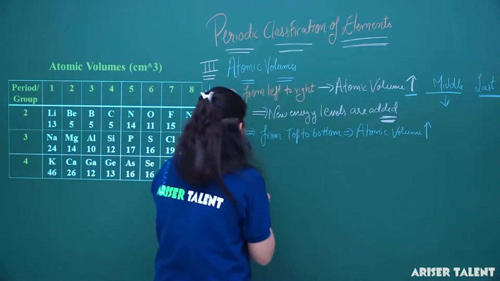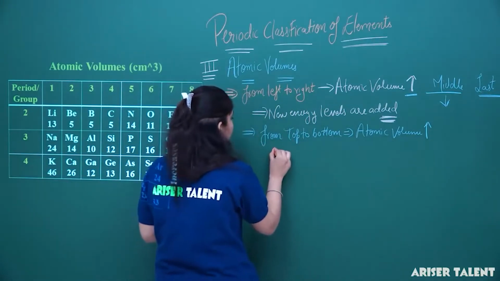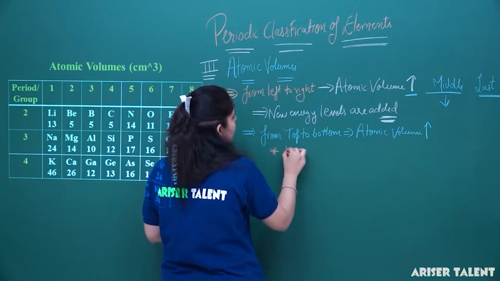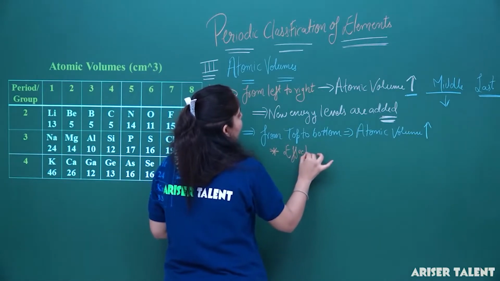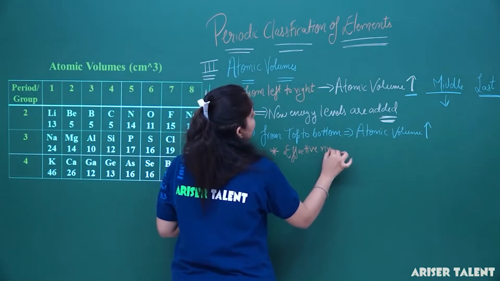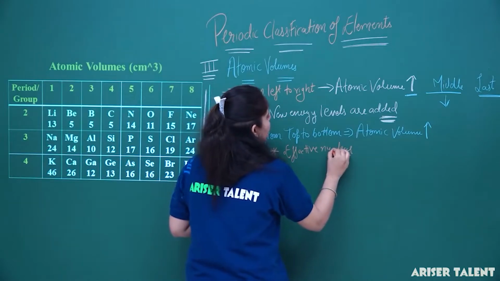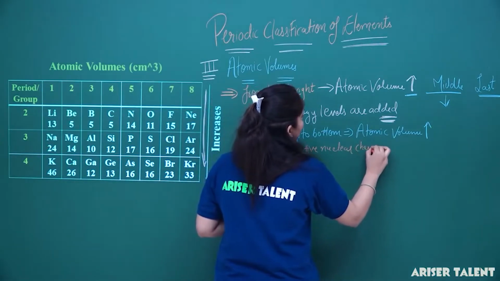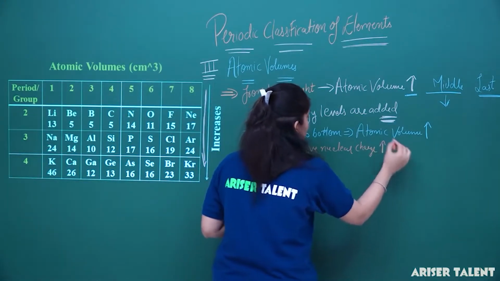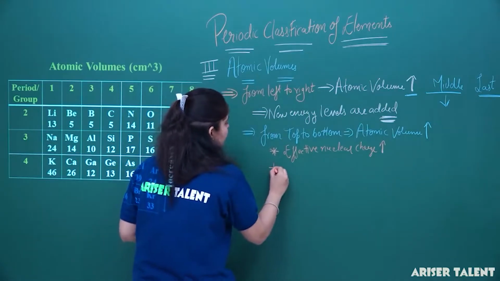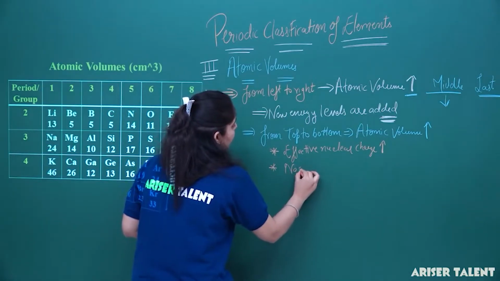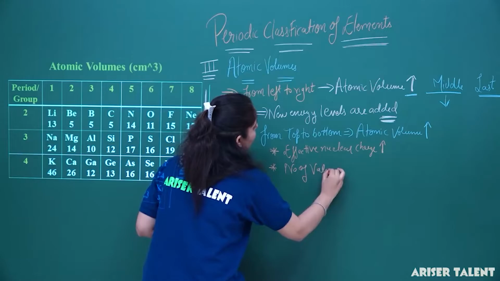So what are the two reasons? The two reasons are: effective nuclear charge increases, and second, the number of valence electrons increases.